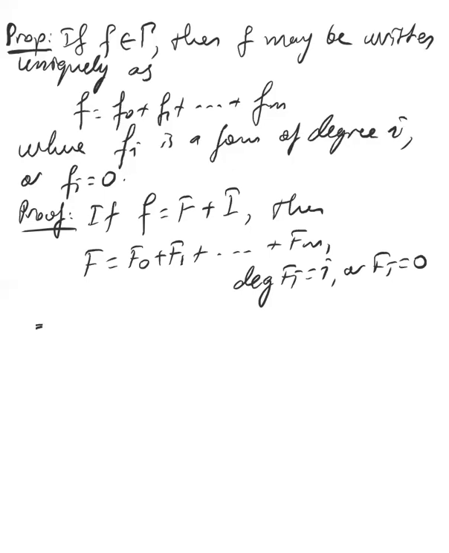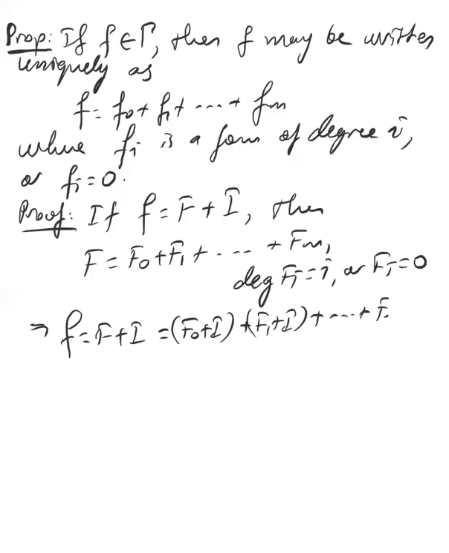In this case, f plus I is the left coset f0 plus I plus f1 plus I and so on up to fm plus I, so that each fi is either 0, namely if f1, for example, is in I, then this f1 is 0.